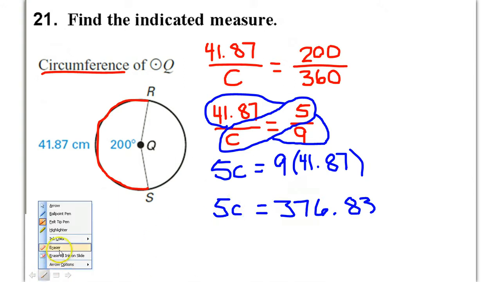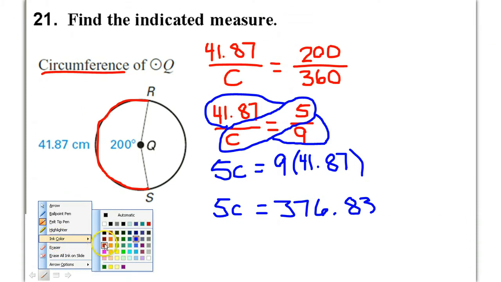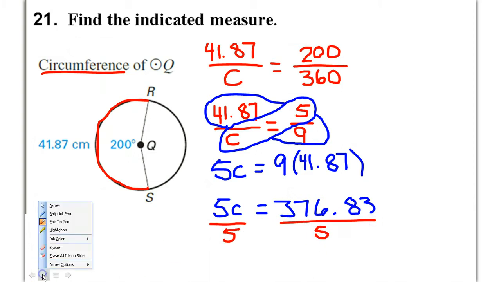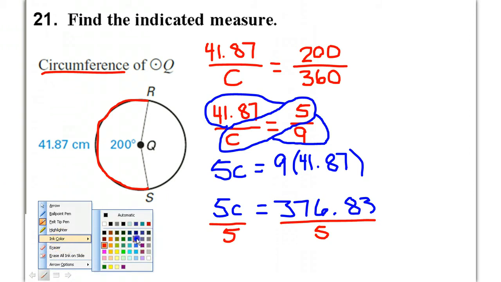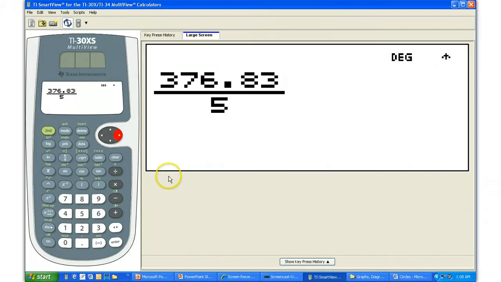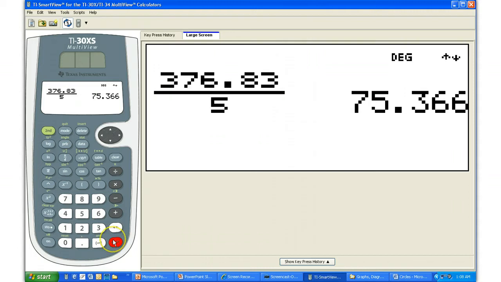And what do you think I'm going to do now? That's right. I'm going to divide both sides by 5. So that's going to give me the circumference equals, let's see, 75.366.